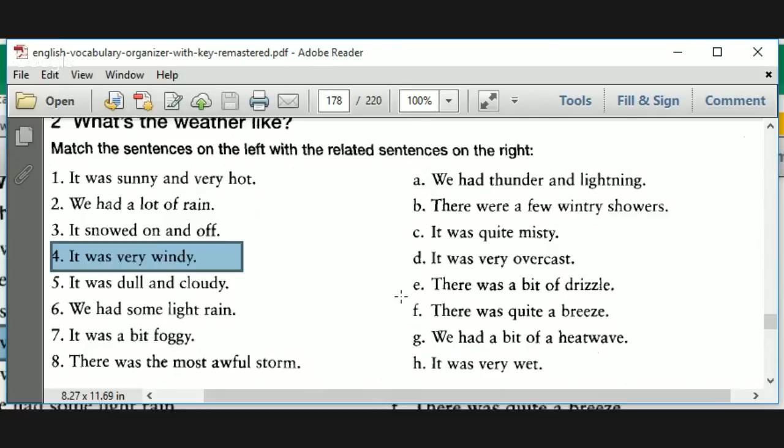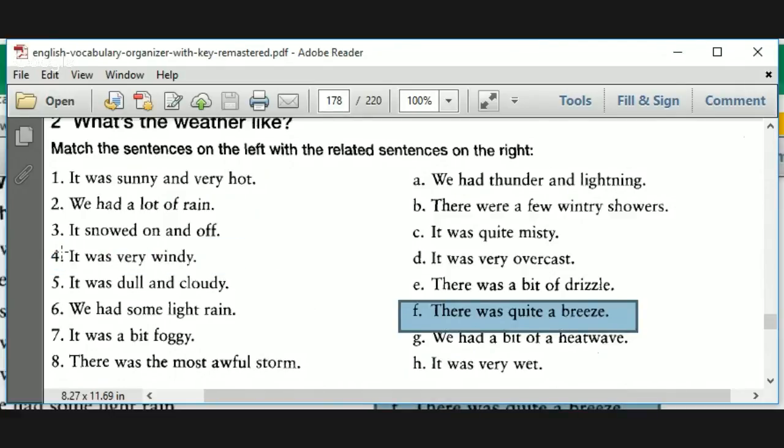No. Windy is a bit of drizzle. There was a breeze. Yeah, that's it. Breeze.